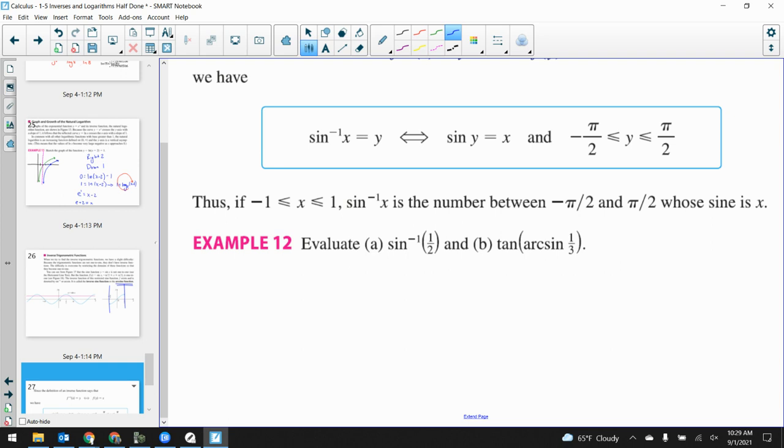In my mind, I look at this and I know 1/2. Isn't there a coordinate that has a 1/2 on it? Yes. So I'm going to use my unit circle. But jumping to B real quick, is there anywhere where you see a 1/3? No, there's not. So I'm going to have to do something a little different for part B than I am for part A. Okay, let's take a look at part A.